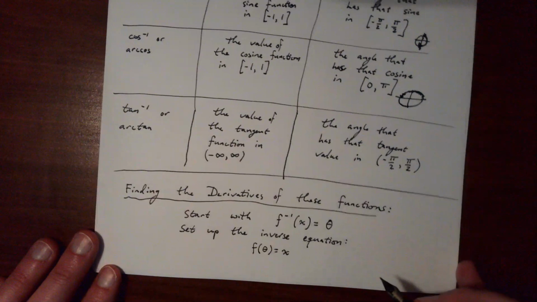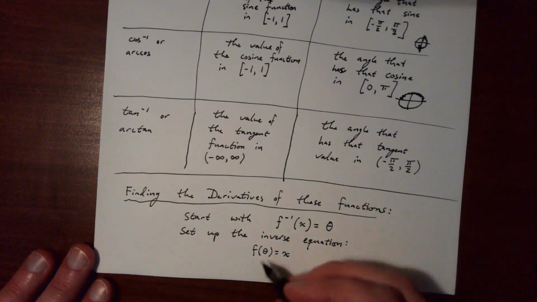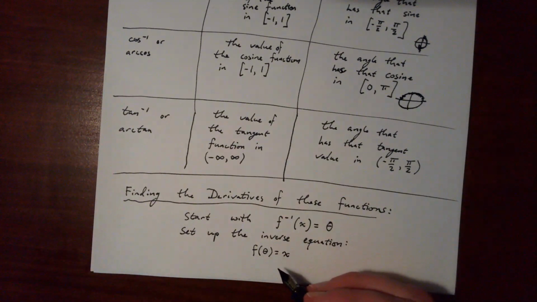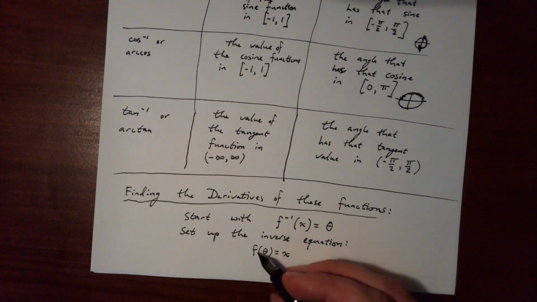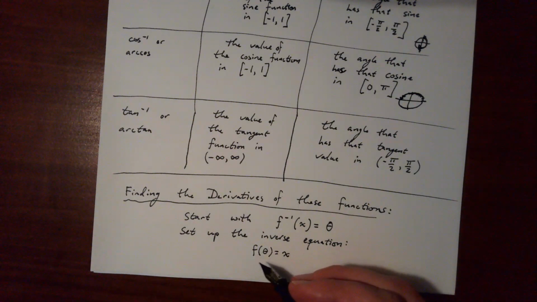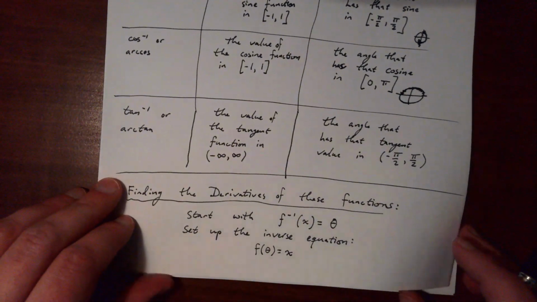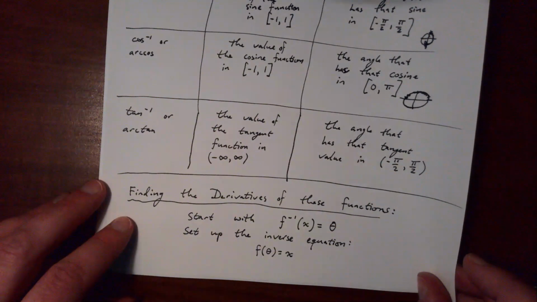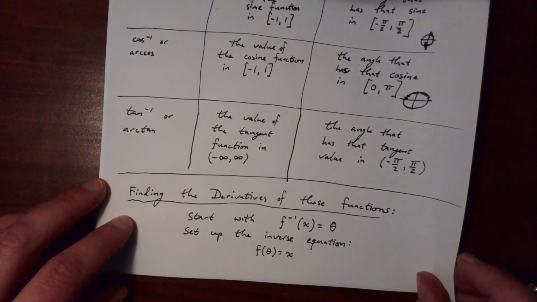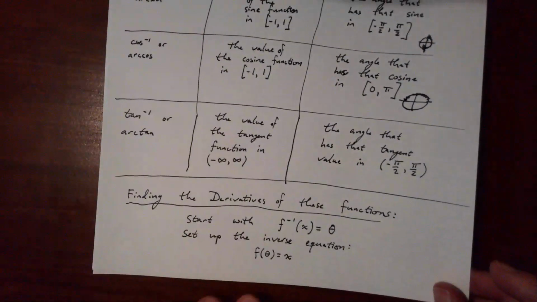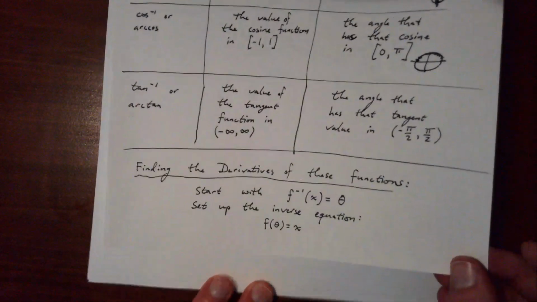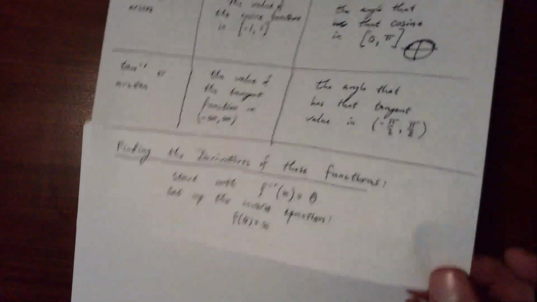Now this is something that we could actually try to take a derivative of, because now we are talking about a function that is sine, cosine, or tangent, each of which we know the derivative of, and so we can then differentiate both sides with respect to x, which means it'll be an implicit differentiation. That's right, implicit differentiation, our new friend. So after that, we can differentiate both sides implicitly.